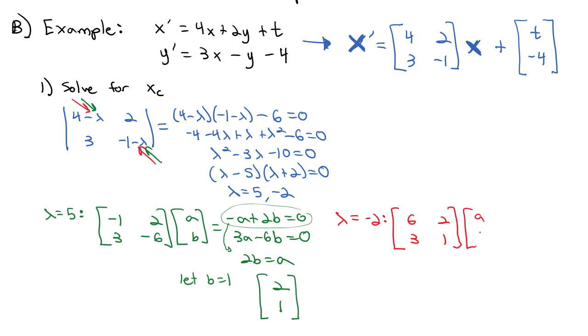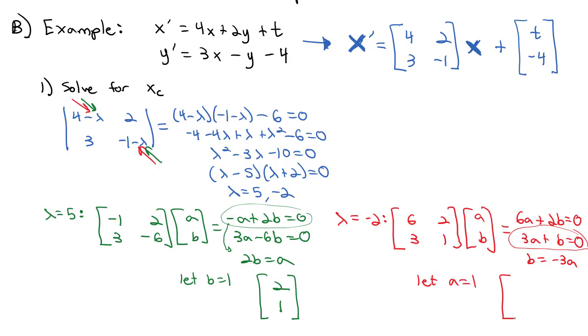Multiply it by the a, b, and that gives us 6a plus 2b equals 0, and 3a plus b equals 0. This time the second equation is simpler. We'll subtract the 3a, and then I'm going to let a equal 1 this time. So if a is 1, b is -3 times 1, which is -3.